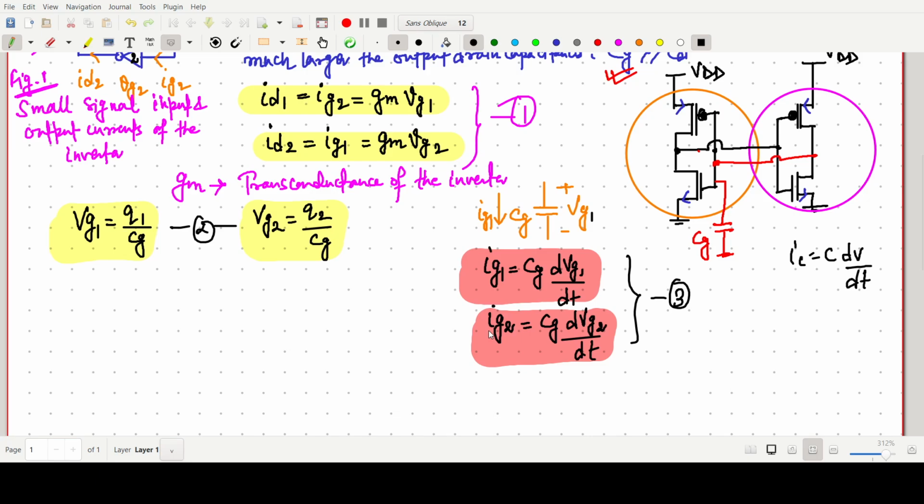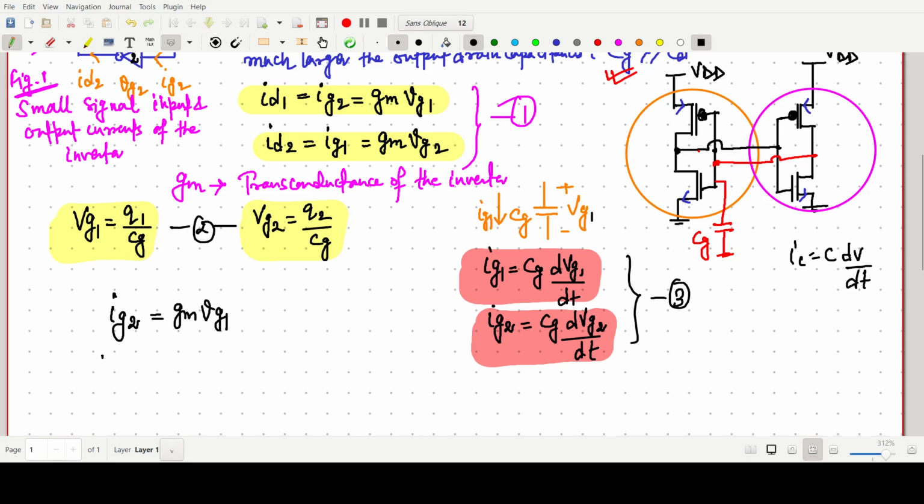Now we have some relationship between all these things, so we have to write the equation using any one. For example, Ig2 is Gm times Vg1. So from the first equation, Ig2 equals Gm times Vg1, and the value of Ig2 can be written in terms of capacitances.